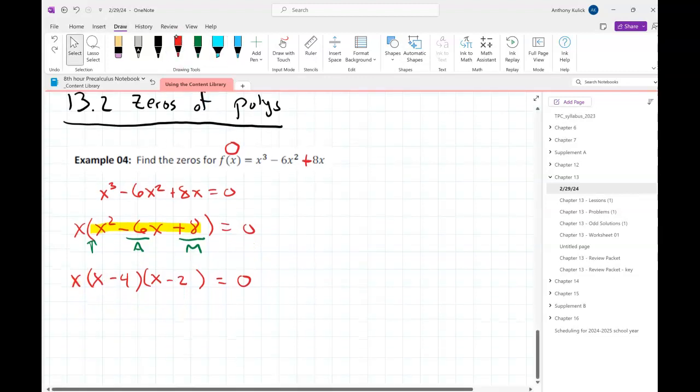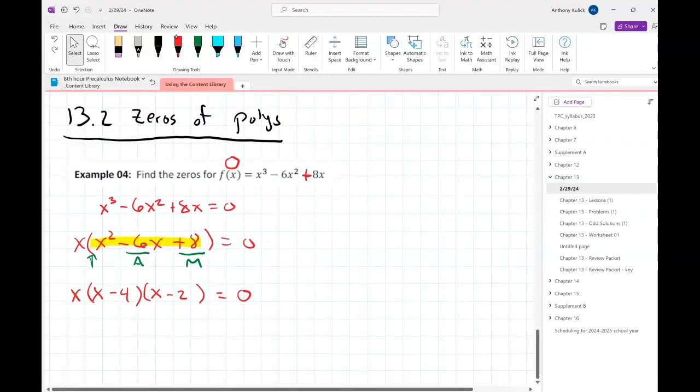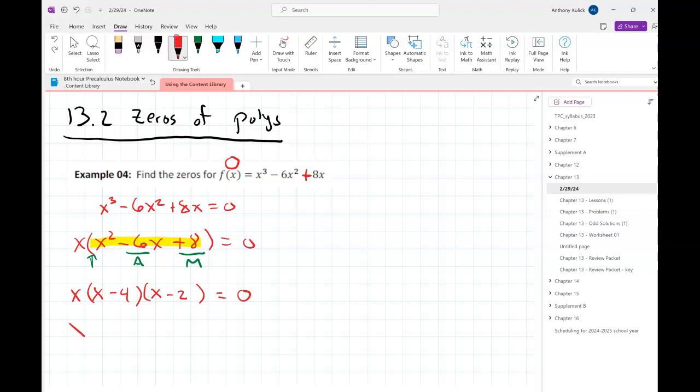All right. Now that it's factored as far as I can go, I apply the zero product property. What the zero product property says, if you have a bunch of stuff multiplied together and it equals 0, at least one of those things had to be 0. So what that means is I can take each factor and set them equal to 0.